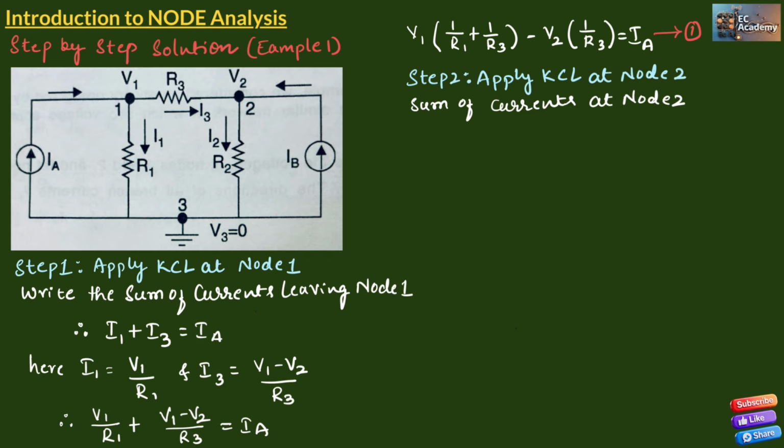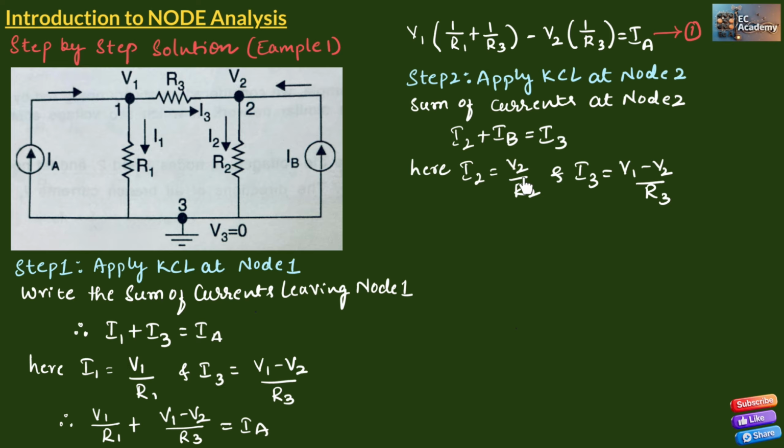Here I2 is equal to V2 divided by R2, and I3 is equal to V1 minus V2 divided by R3.